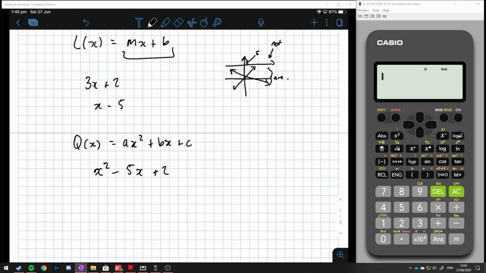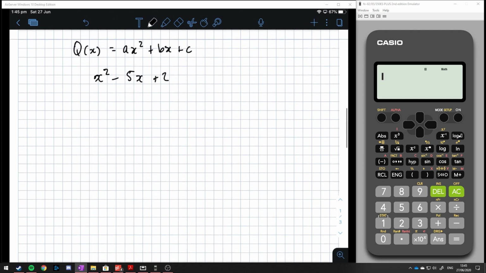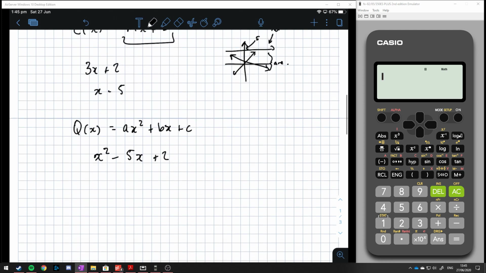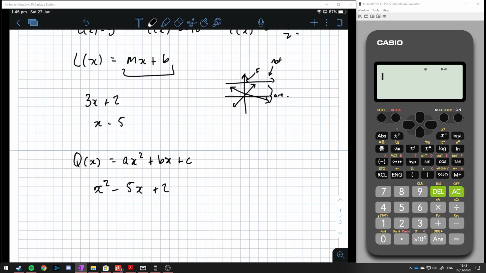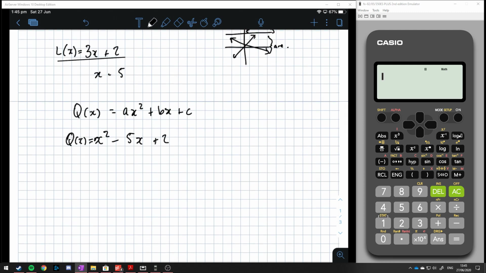Now, when we've got these polynomials, we can actually add and subtract them from each other. So let's say we're going to add the linear polynomial of 3x plus 2, and we're going to add that to the quadratic polynomial of q of x, which is x squared minus 5x plus 2. So we can write L of x plus q of x. If we're to find this, we are essentially substituting our polynomials in replacement of those.